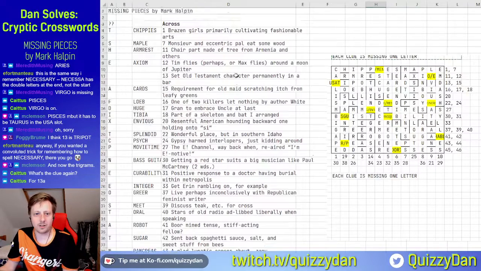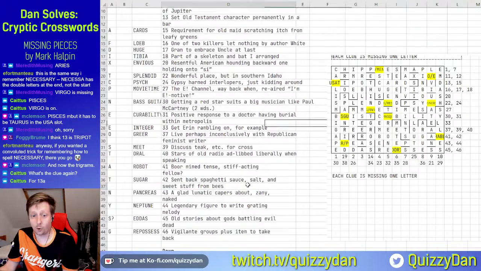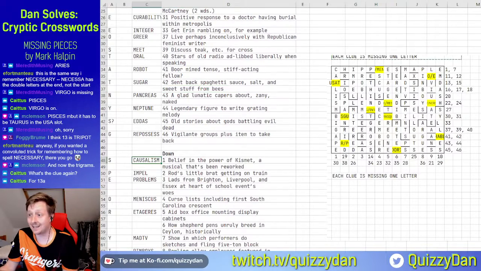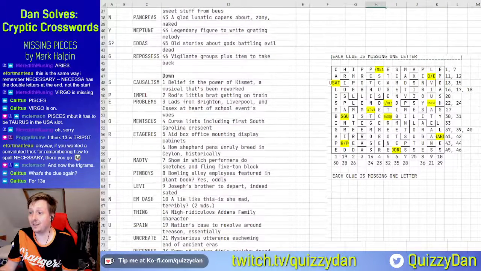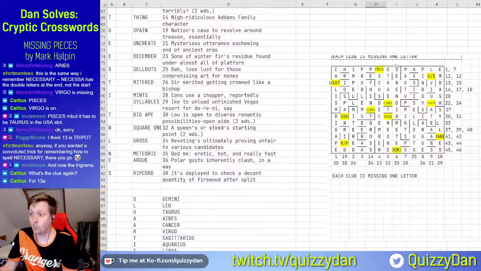So for one across, the missing letter is T. For 4 down, the missing letter was S. And then the missing letter in the square itself, which was Gemini, was G. So that's TSG. Have I got that right? Do people agree with that?